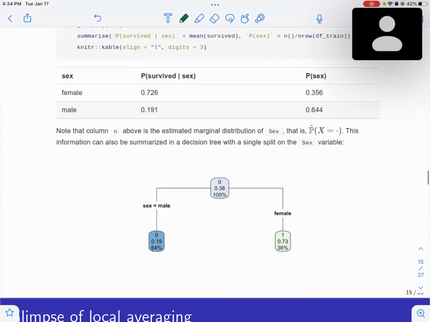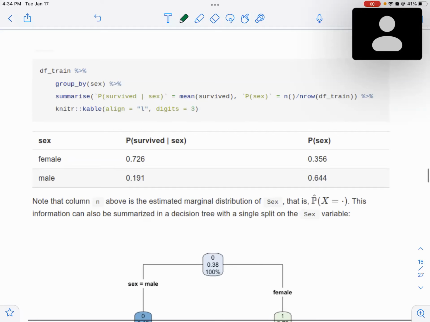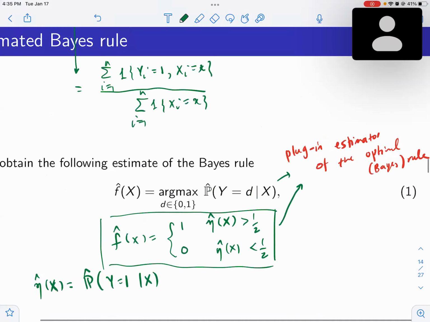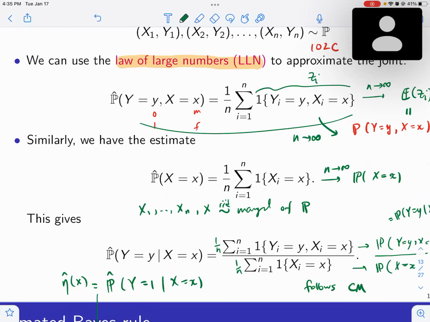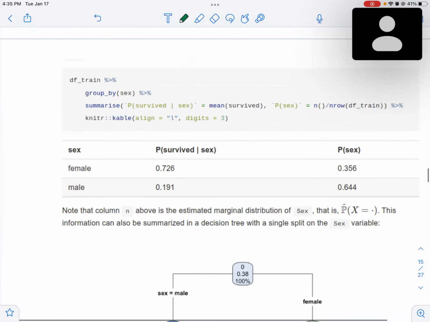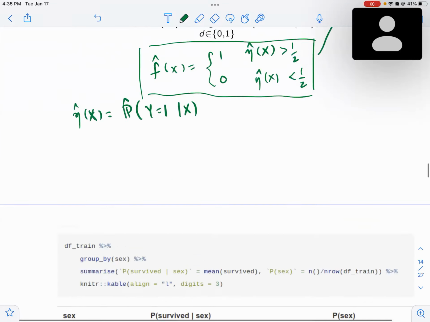This is a little bit of R code, which is in that note that I sent you, the partial book basically. I'm not going to go into details of the code, but this basically does the counting for that entire 900 or so rows. This calculates that conditional distribution, and it basically just does the counting and this is the division. So this gives you the conditional estimate of survival.